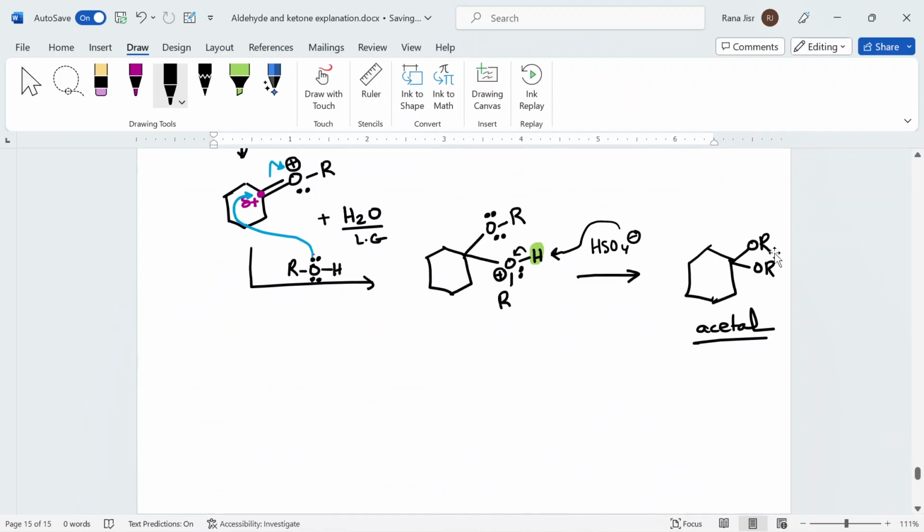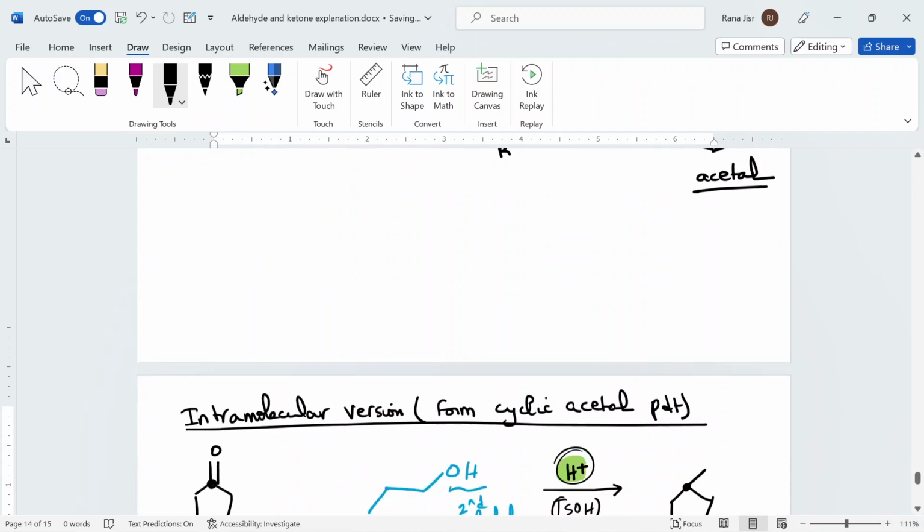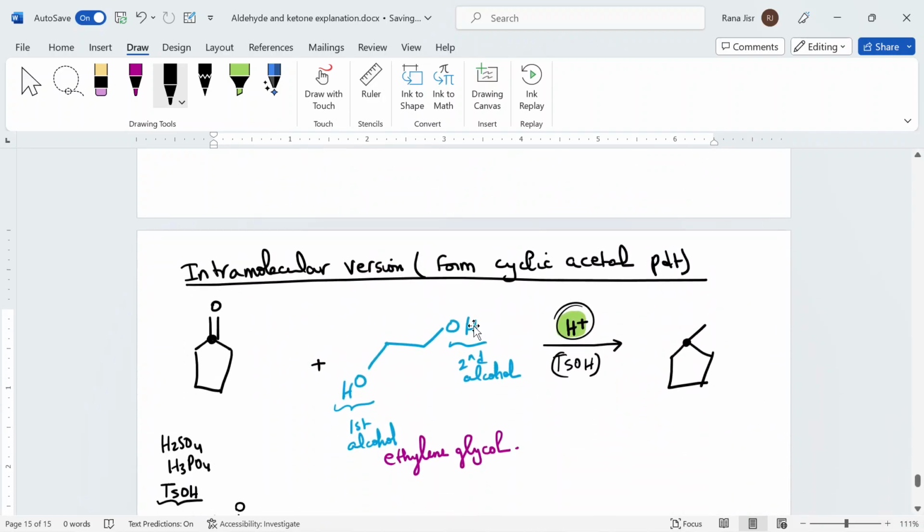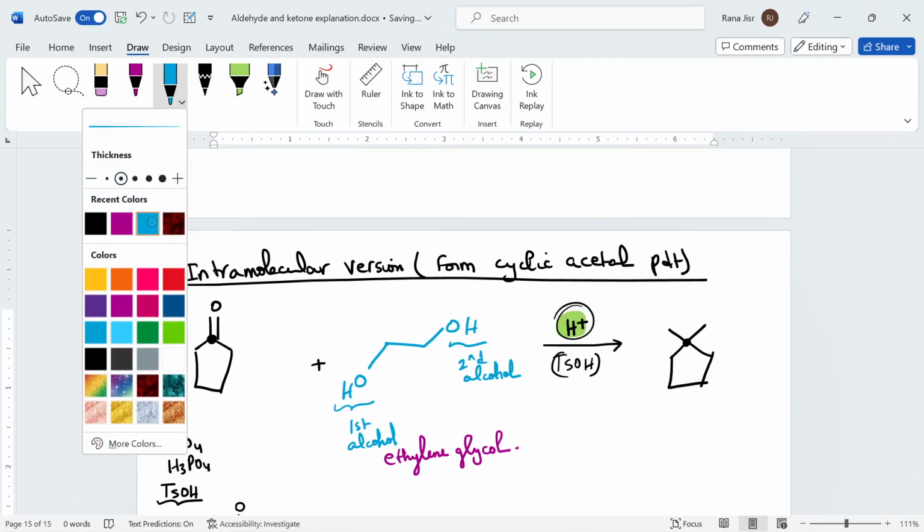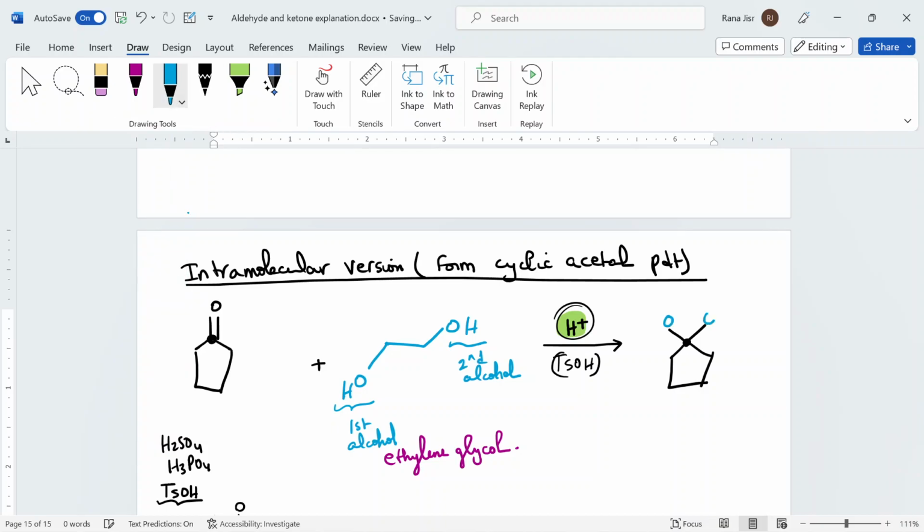Up there, you made 2 ORs. So each alcohol lost the hydrogen, and you group those into one carbon. This is exactly the same. But now you are going to make a cyclic acetal. So here you go.